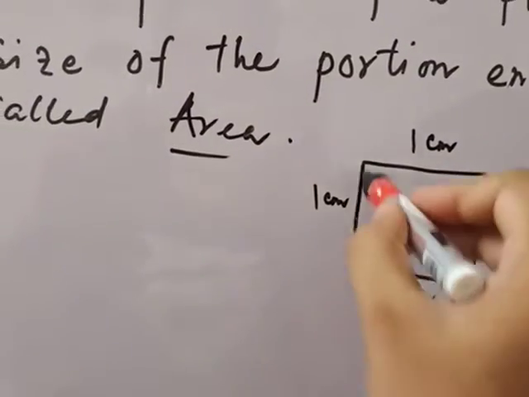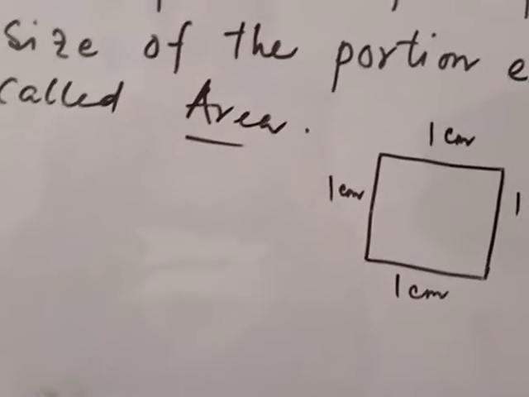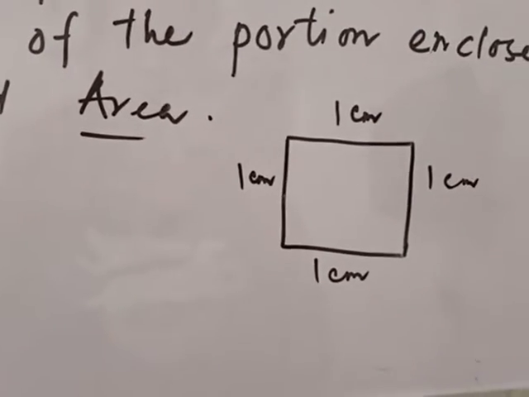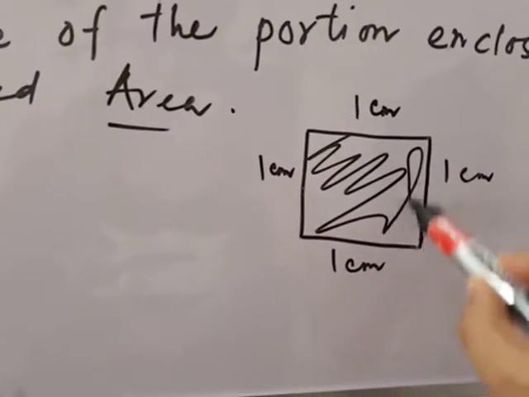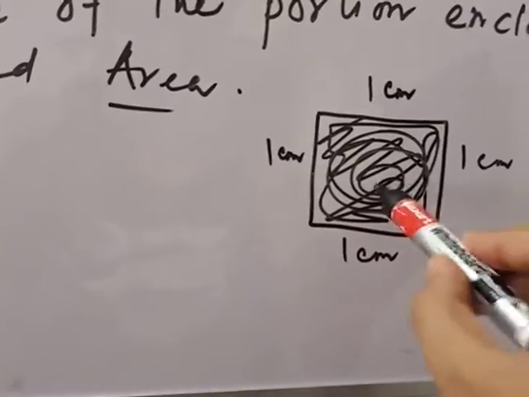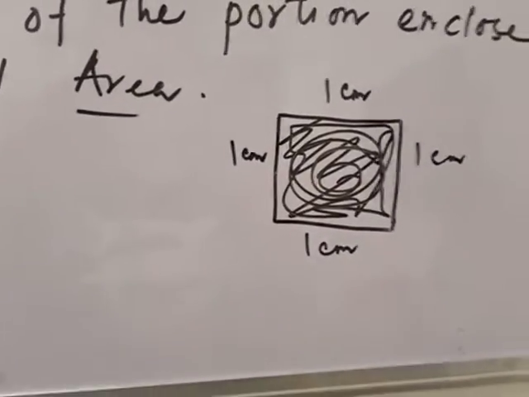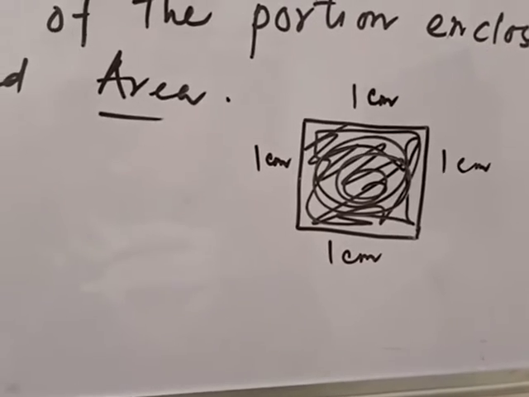That means this is the perimeter of the square. Now, for finding the area, you have to find this region, the total region of the enclosed figure. If we find the total region of the enclosed figure, then you have found the area of this figure.